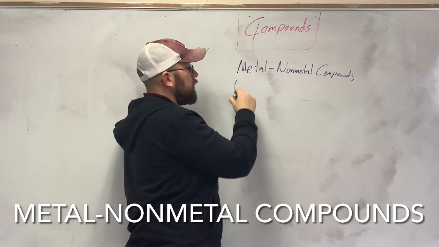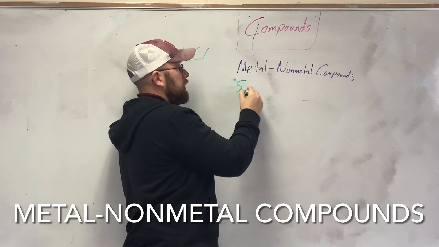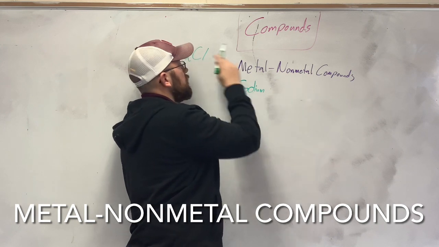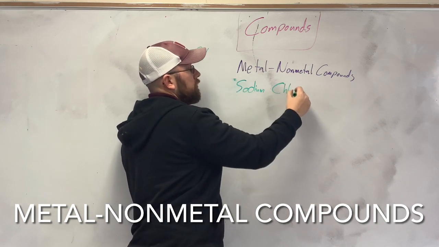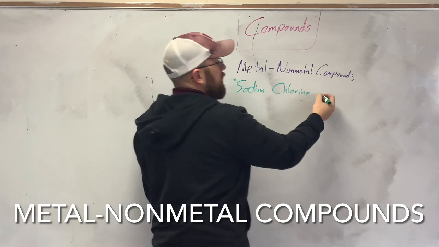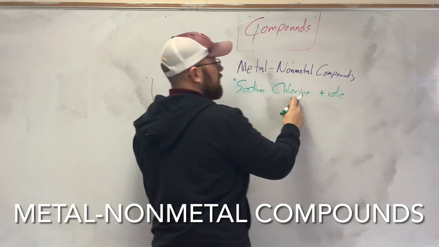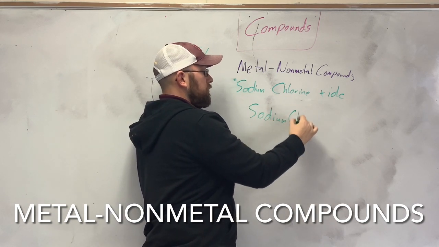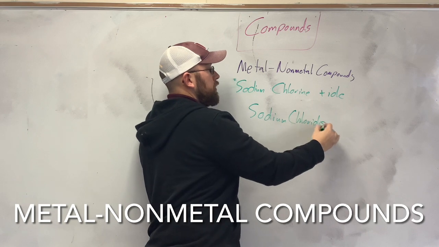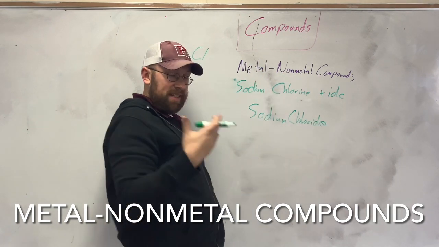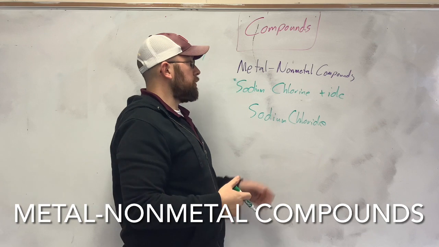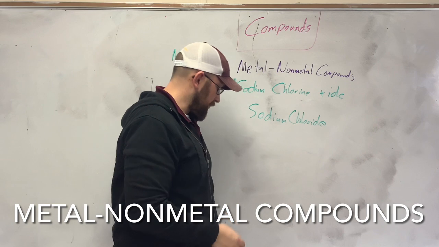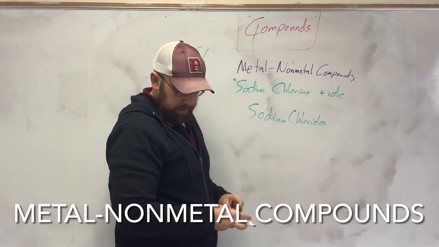You put the metal first, which is sodium, and then the non-metal, which is chlorine. Then I add an ide to the end of chlorine, so this becomes sodium chloride. This is only for a metal and a non-metal mixing together. Don't do this with two non-metals. Always check what it is first and then combine it based on the rules.